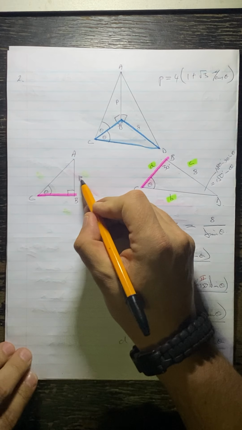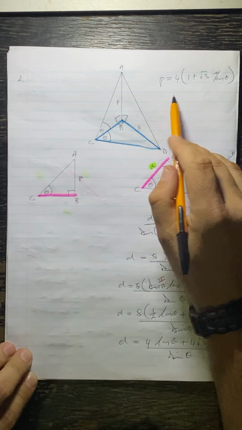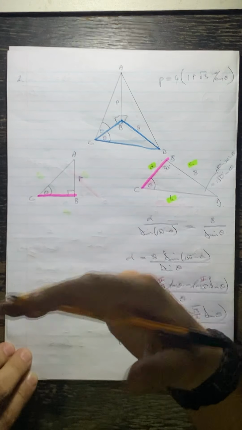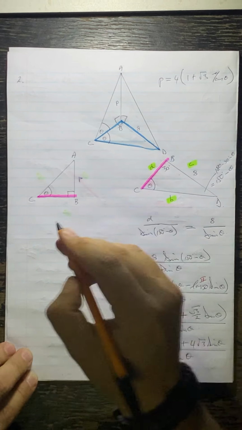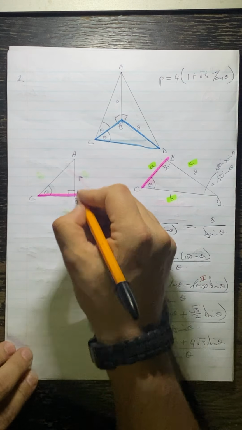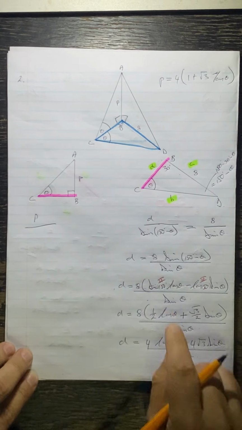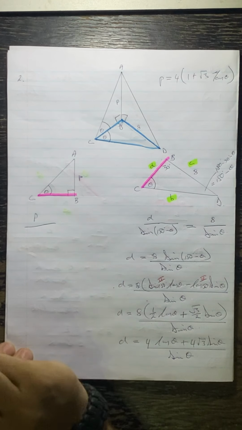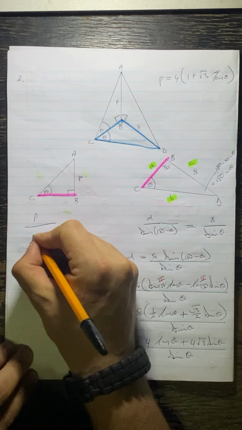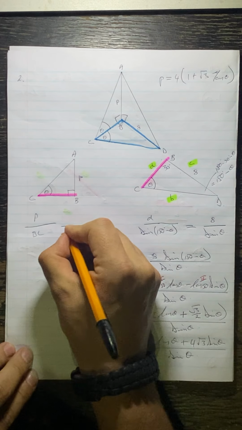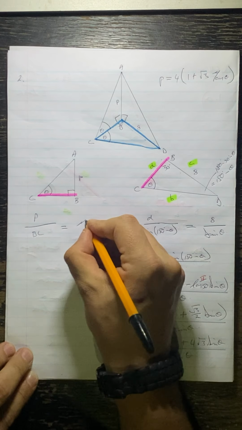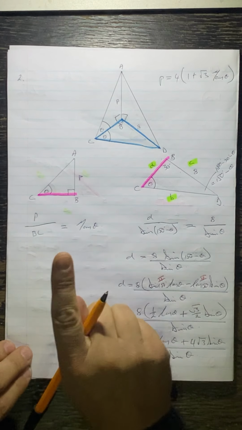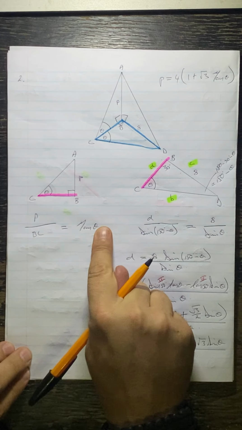Then we want to prove that this side, this P, is equal to that. So from this angle, again, we've got the opposite over adjacent, which is tan. So we've got AB, which is P, over this whole thing here, which in this case, I'm just going to say BC, just to save space, equals tan theta. I'm now going to multiply up by the BC.